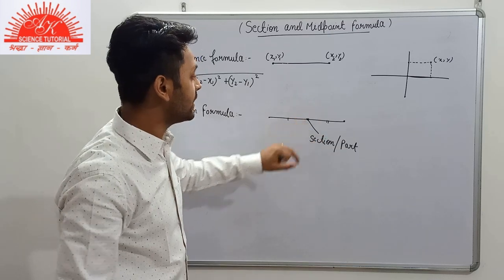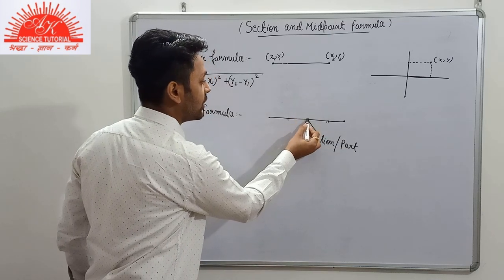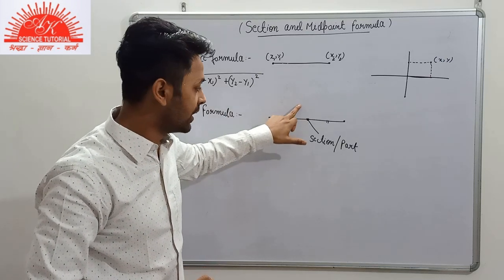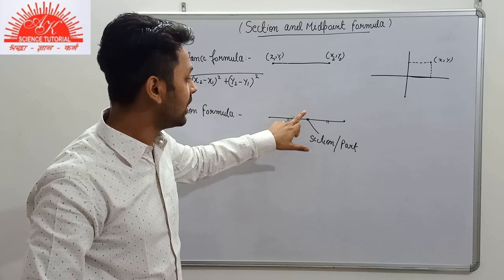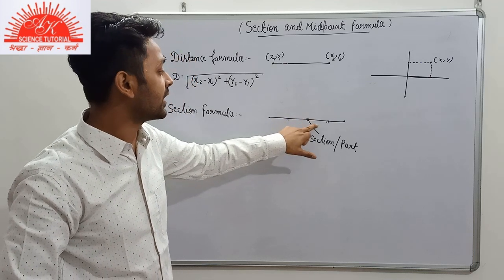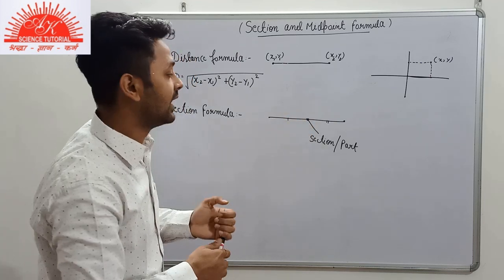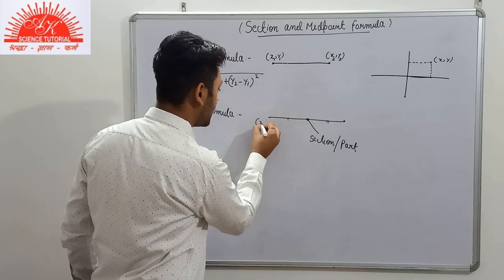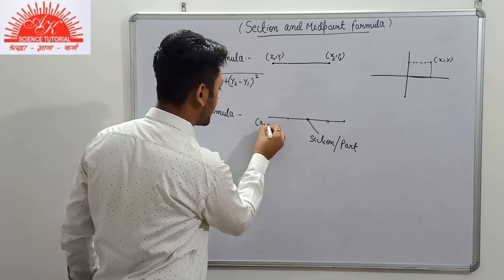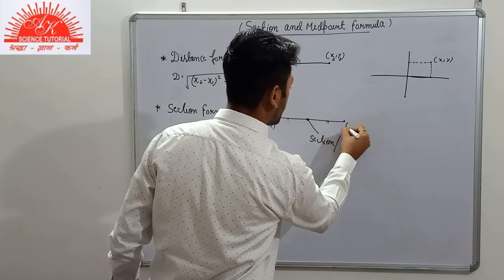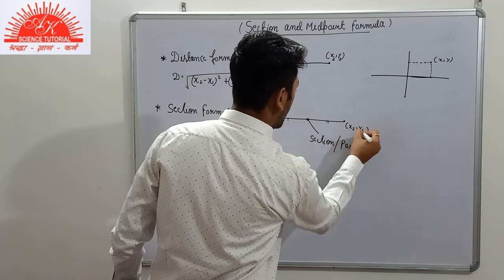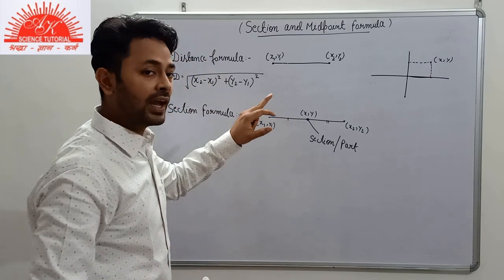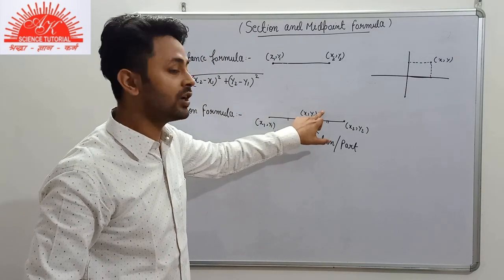As I have told you, a point is denoted by using coordinates. For finding the coordinates of this point, we are given a formula known as the section formula. If we denote one point by x1, y1, the other point by x2, y2, and this point by x and y, then any point is denoted by using coordinates.